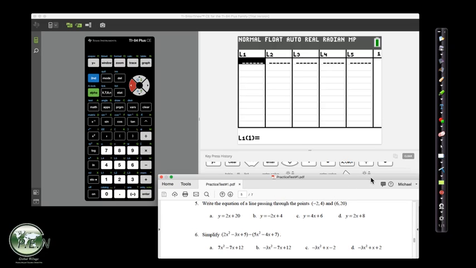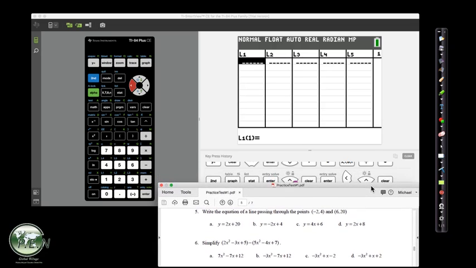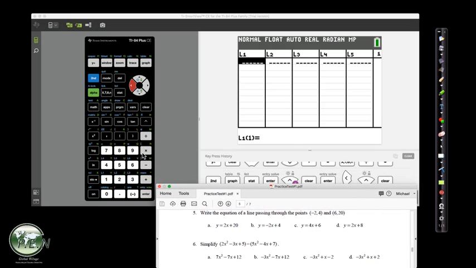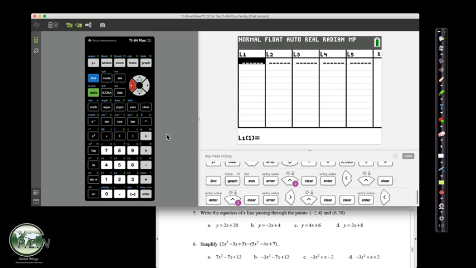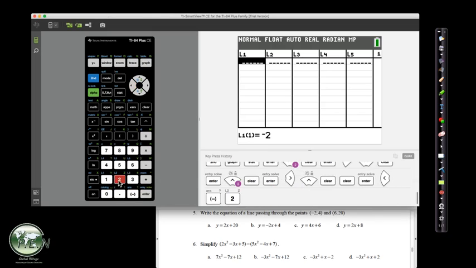See if I can move this down a little bit. There we go. So that when I come back to this, I can enter in my x values of negative 2, enter 6. And I can come over here, I can enter my y values, 4, and 20.